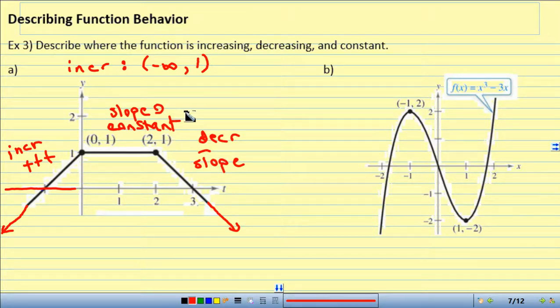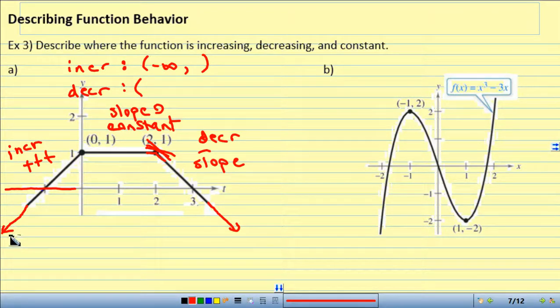And I'm going to also say that it's decreasing from, and again, I can't say anything about this point. There's too many tangent lines I can make. It's a corner. So it's decreasing from, did I say 1? I'm crazy. I was looking at the y value.